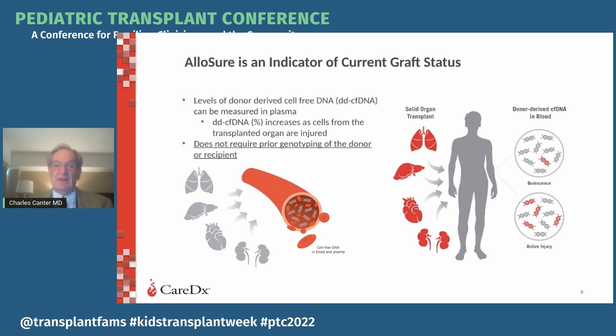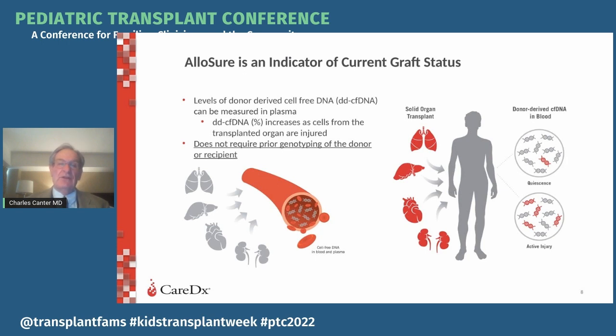And again, when things are going well in quiescence, as you can see over the right, there's very little donor-specific cell-free DNA in the bloodstream. But when there's injury, and oftentimes the injury, once you get past the first weeks of life, is from rejection, then the proportion of cell-free DNA increases.